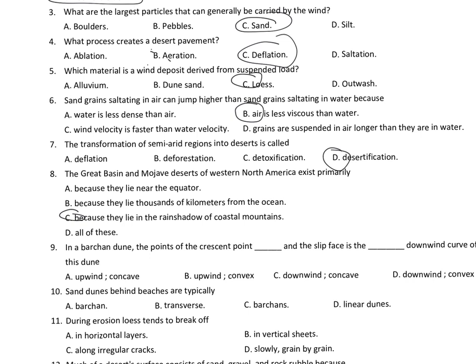Remember, Barcane's like a bull, so the points are going to point downwind, and the slip surface is the concave downwind curve. Sand dunes behind beaches are typically transverse. Think about it, the wind's blowing onshore, offshore, and the dunes are forming perpendicular.